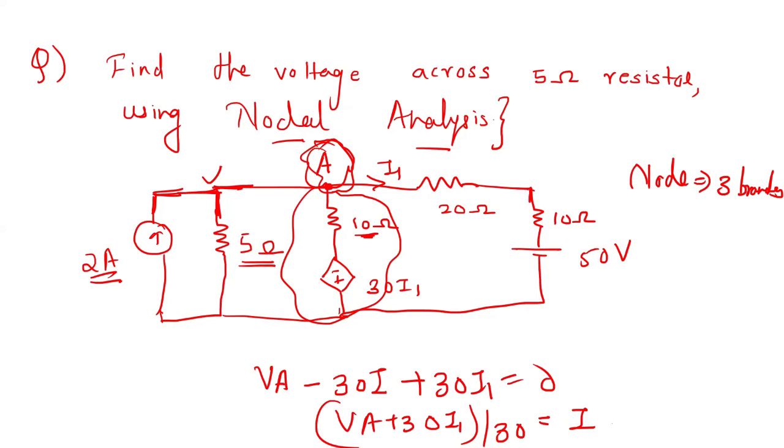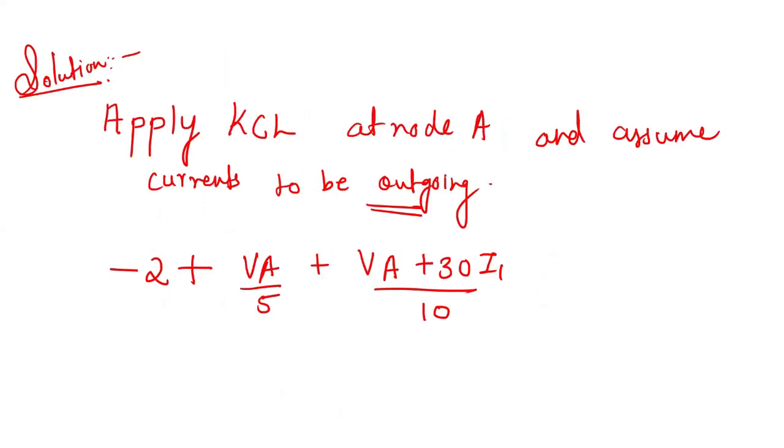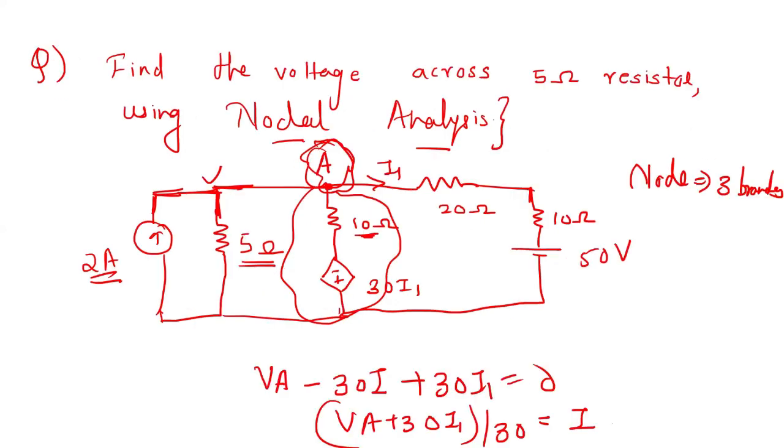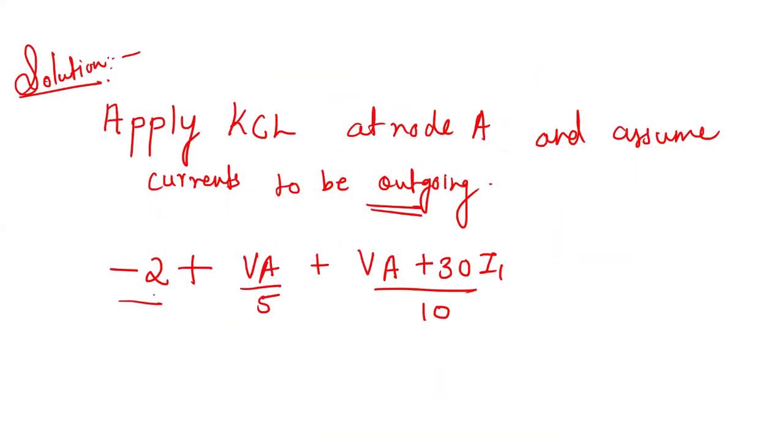Nodal analysis means that this is the node A, and at this node A you need to find the various currents. So apply KCL at node A and assume the currents to be outgoing. Since we assume current to be outgoing, an incoming current is -2.